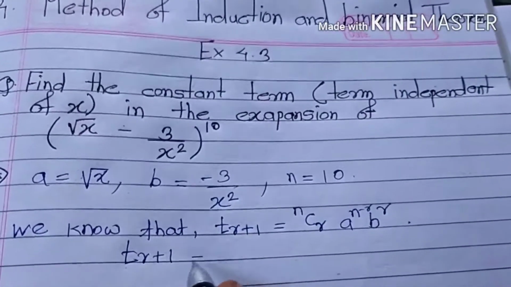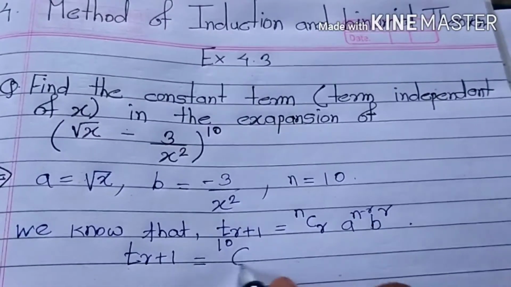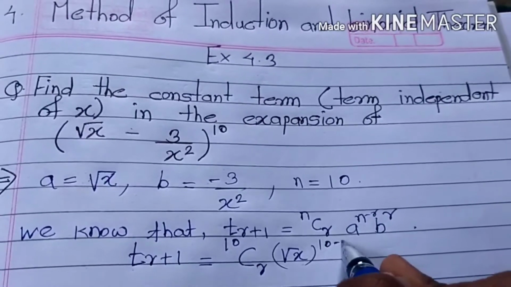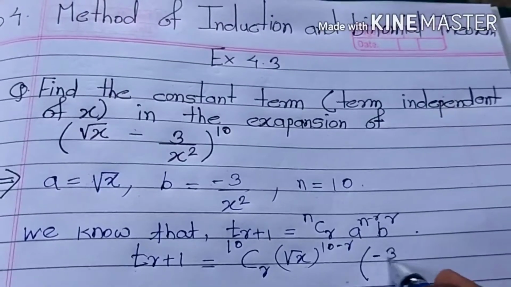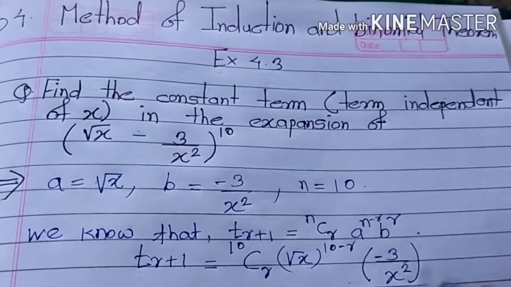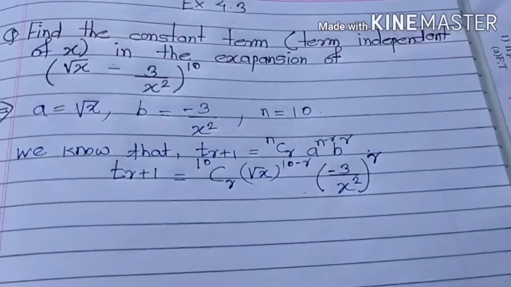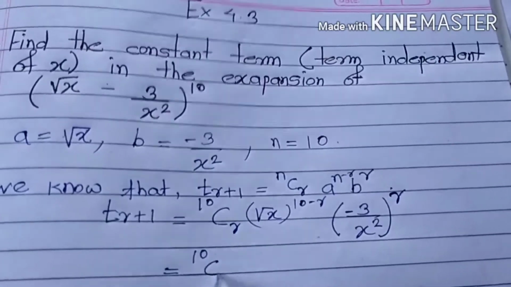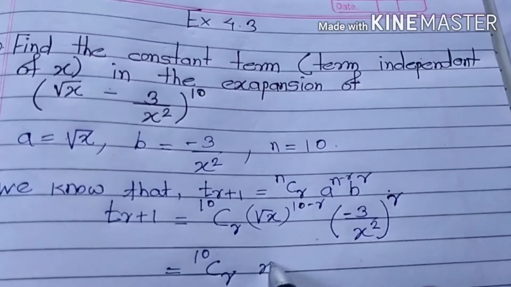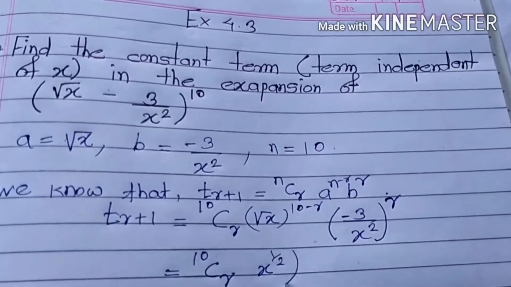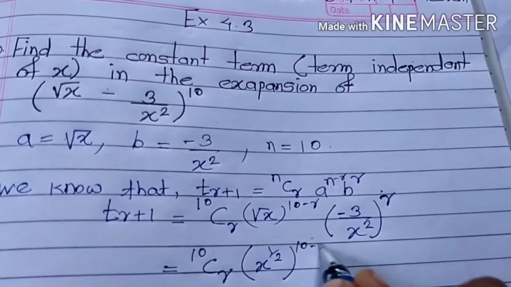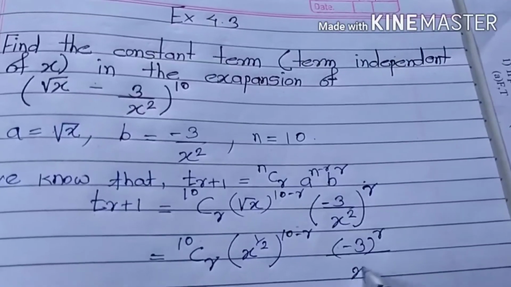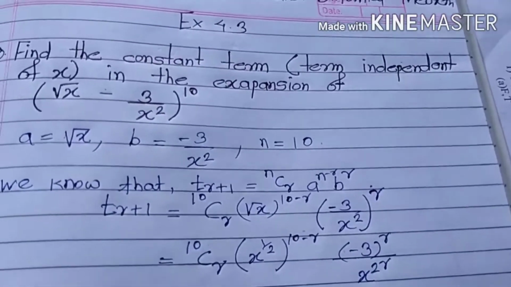Write T(r+1) equal to 10Cr, root x raised to 10 minus r, and here minus 3 upon x square raised to r. So 10Cr, write it as it is. Root x means it is x raised to 1 by 2. This is 10 minus r. It is minus 3 raised to r, and this is x raised to 2r.